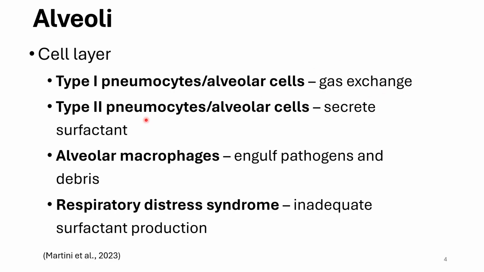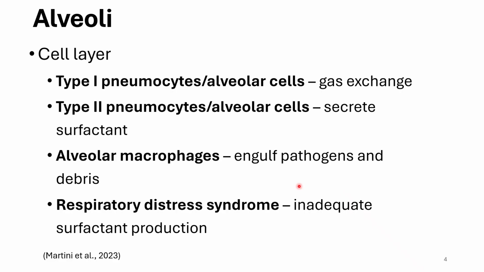The type 2 pneumocyte is the alveolar cell that secretes the surfactant, which helps keep the lung expanded and reduces the surface tension. The other cell is the alveolar macrophages, which help fight infection within the lung by engulfing pathogens and debris, which are the dead cells.